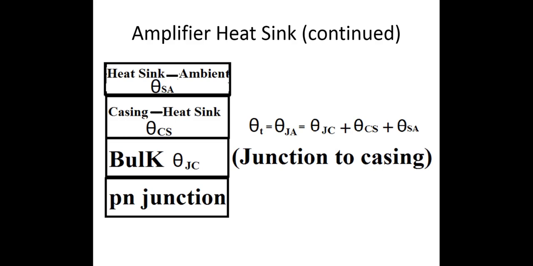Now at the heat sink air interface, the heat sink on that side has a very large area compared to the area of the casing, which results in a smaller value of thermal resistance. And after that, the heat simply flows into the ambient environment.